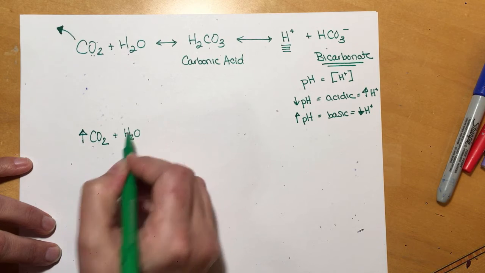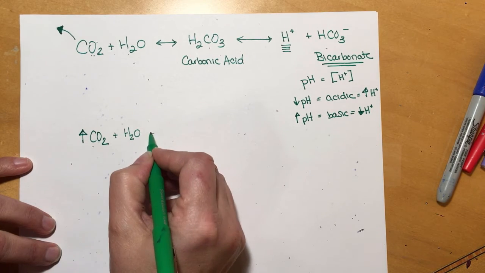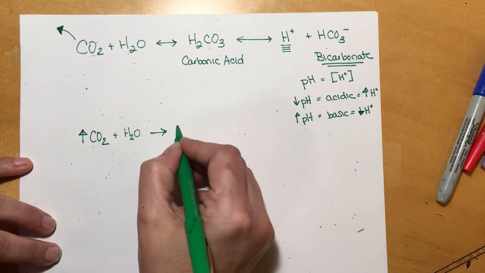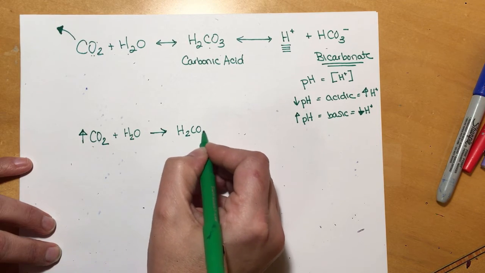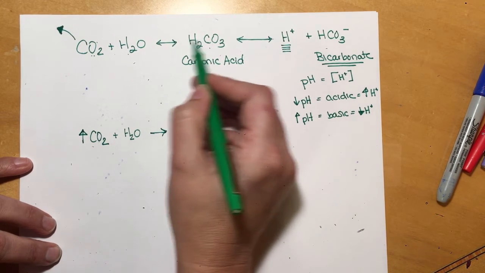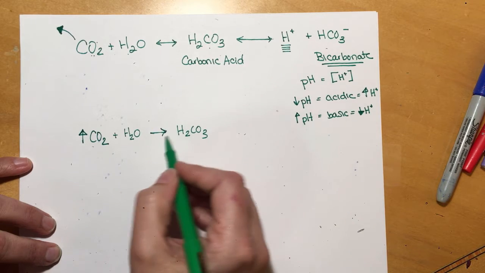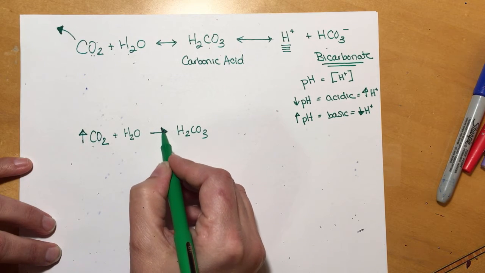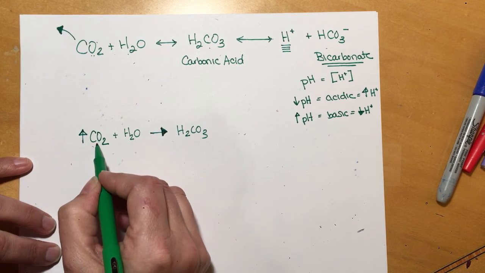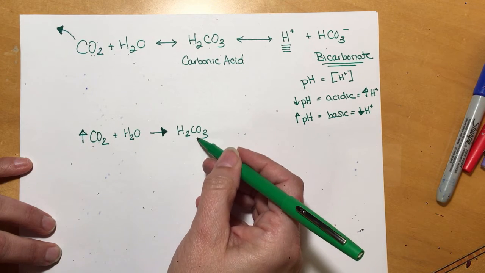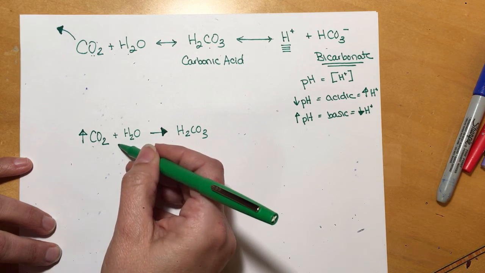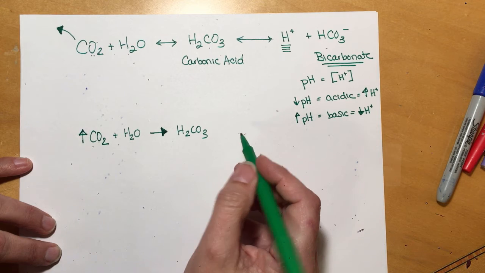Now, there's never really a shortage of water in the body. And so we're going to force this equation to go to the right. Do you see up here, I drew it with arrows going both ways? Here, I'm going to only have an arrow going to the right because we have so much CO2. The H2CO3 is not going to dissociate in this direction. There's already a lot of CO2 there.